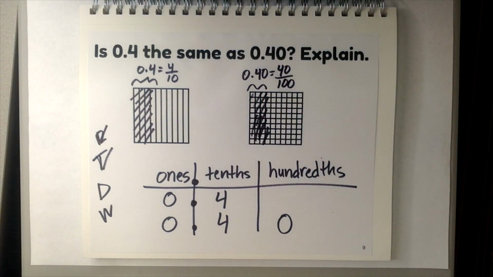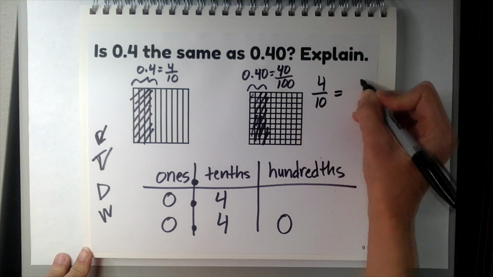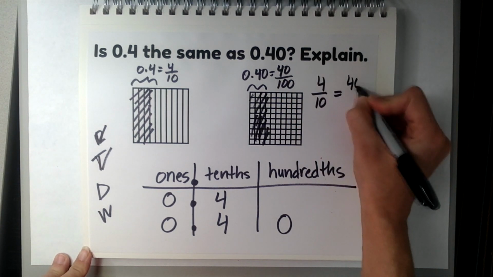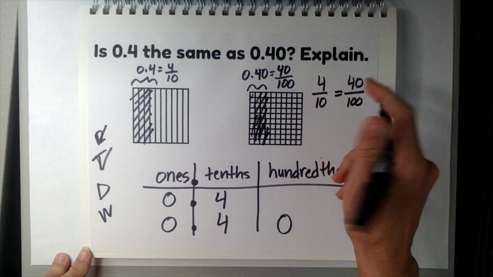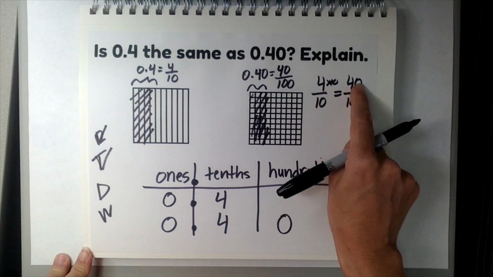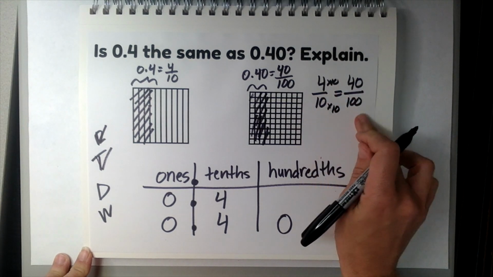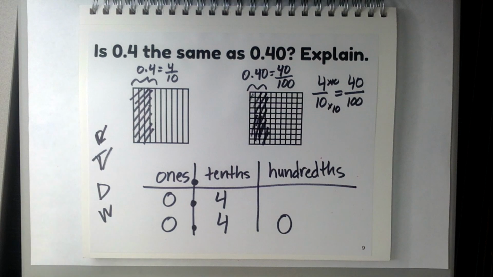I'm thinking back to when we did our Just Know It last week, and we were proving that 4/10, for instance, could equal 40 out of 100ths. And one reason is because we made 10 times as many parts in the numerator, and that made us have 10 times as many total parts.